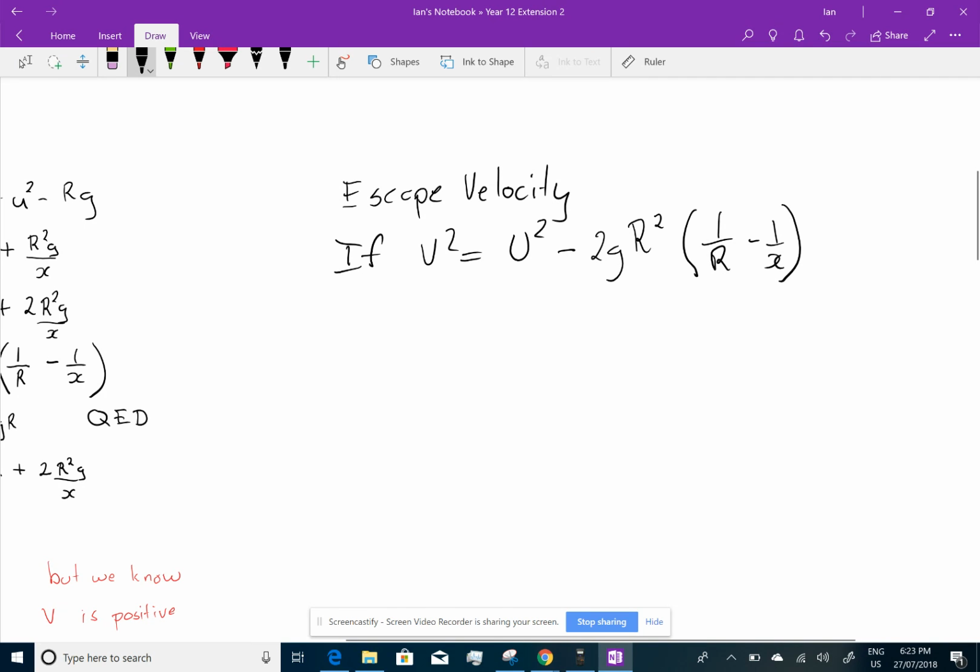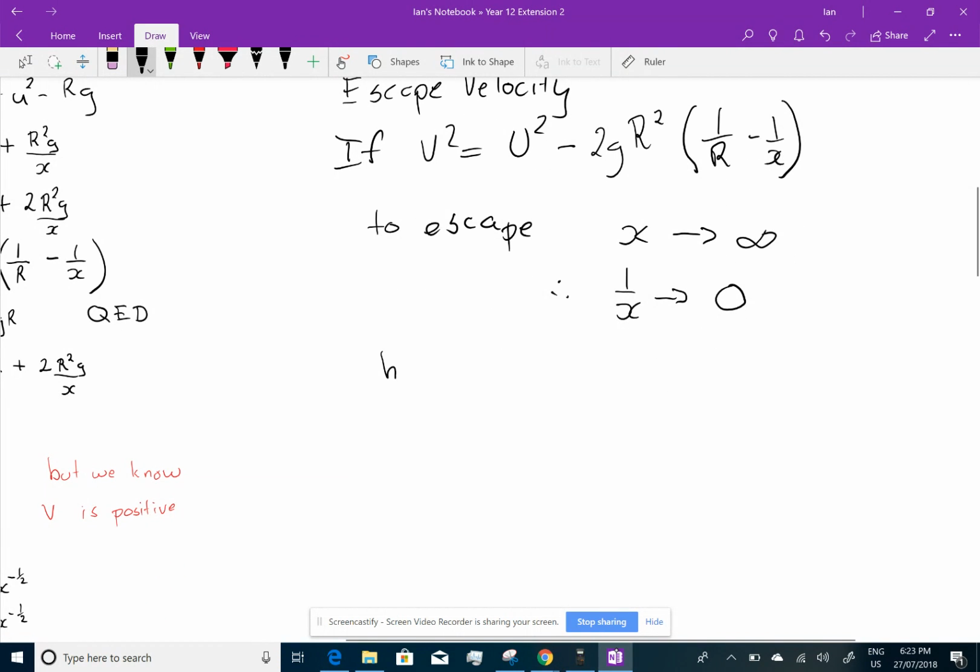To escape Earth, x approaches infinity, therefore 1 on x will approach 0.